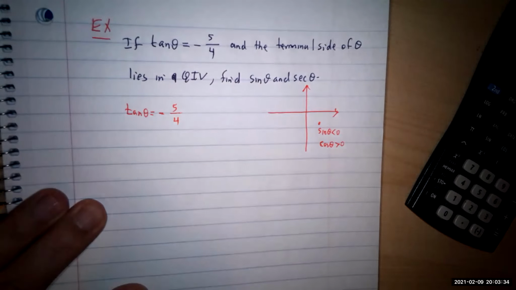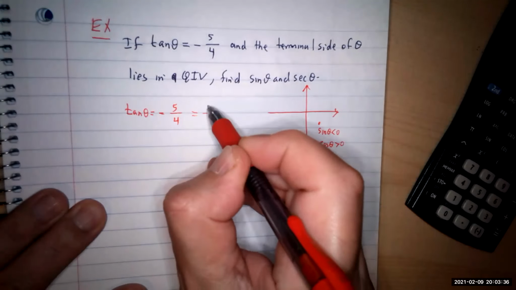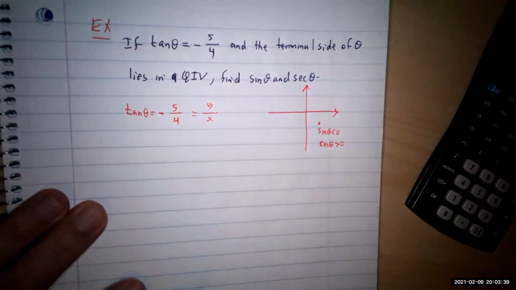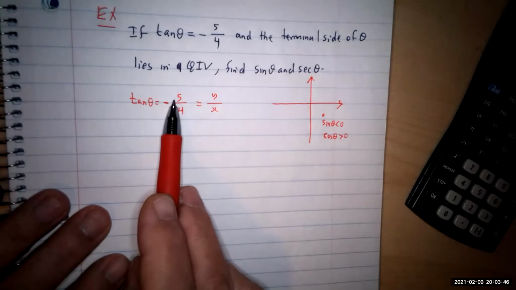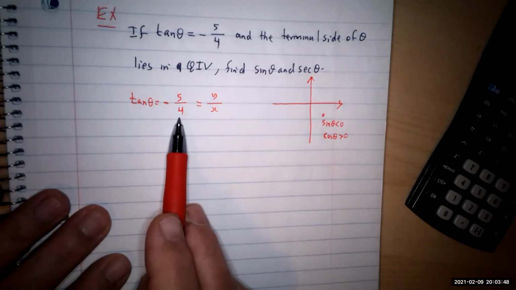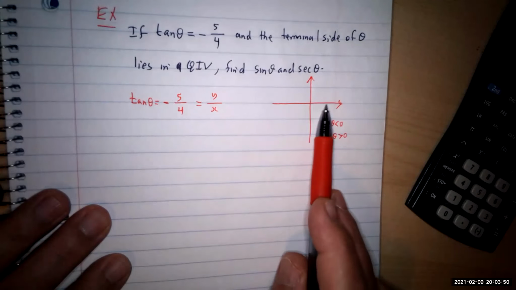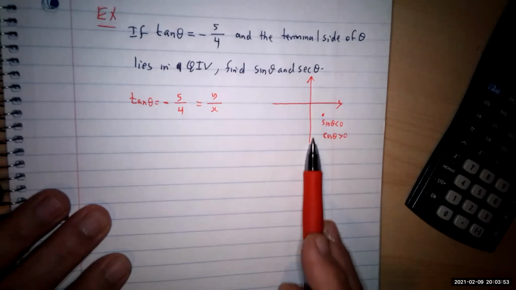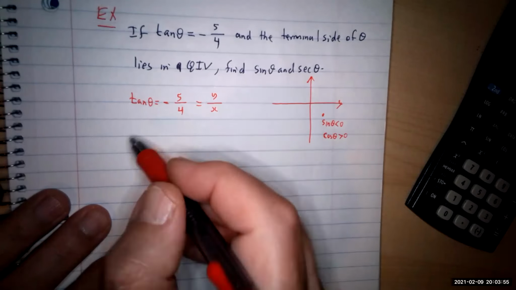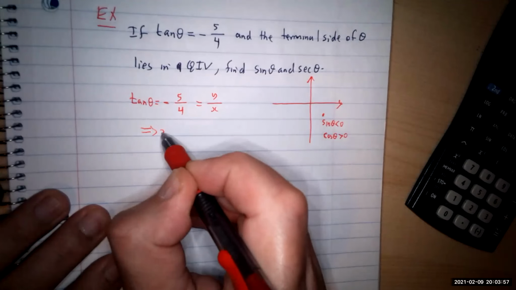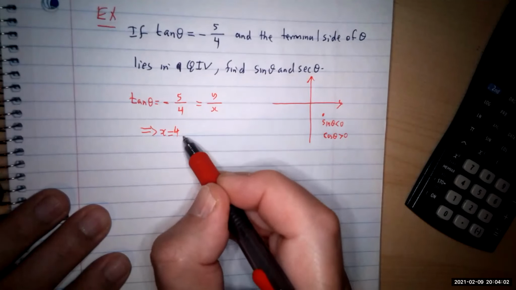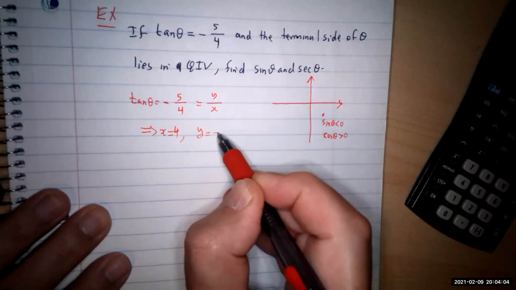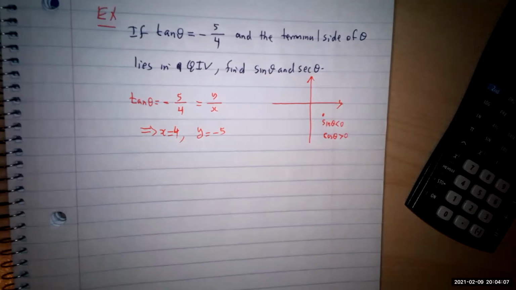You know that the tangent is y/x. So look at this sign. Are you going to use a negative for the 5, or are you going to use it for the 4? As you can see, your x is positive, your y is negative. So this means you have to pick your x to be positive, so x is equal to 4, and your y is equal to -5. Any question?